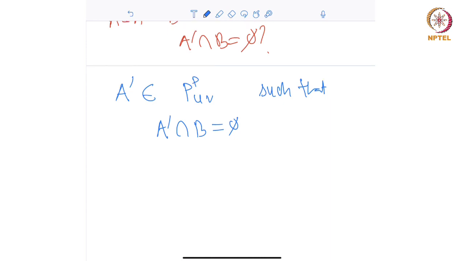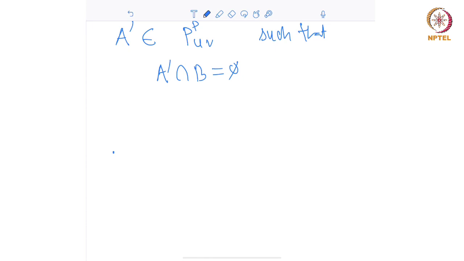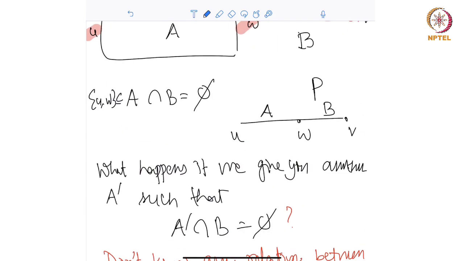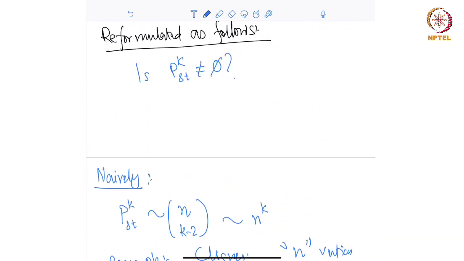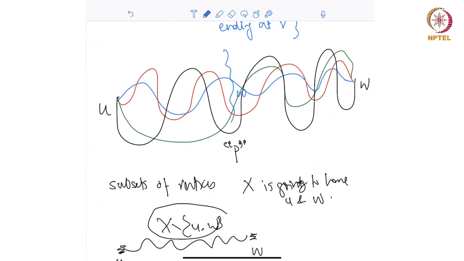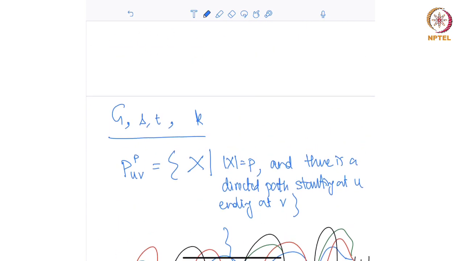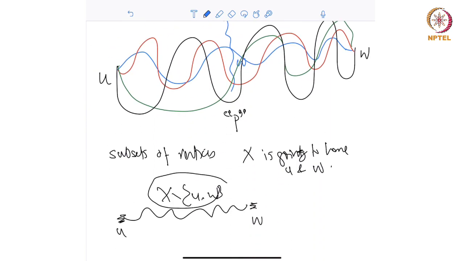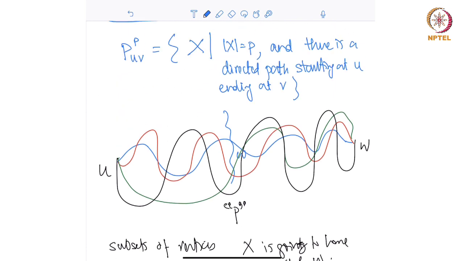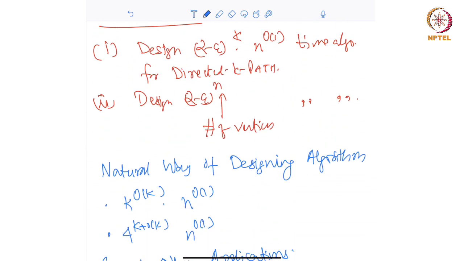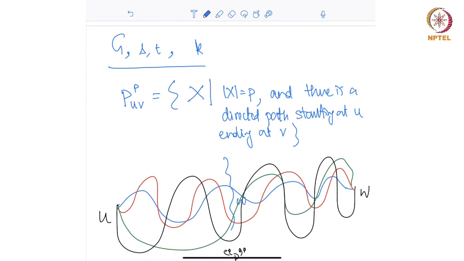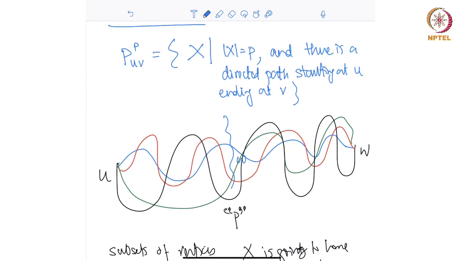something with it? So if you notice, I have this path U, W, U. I think this should have been V, sorry, my bad.